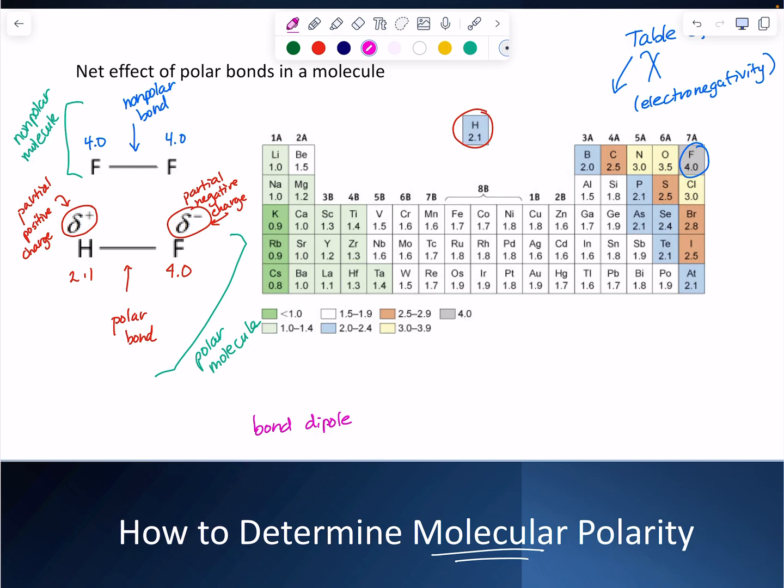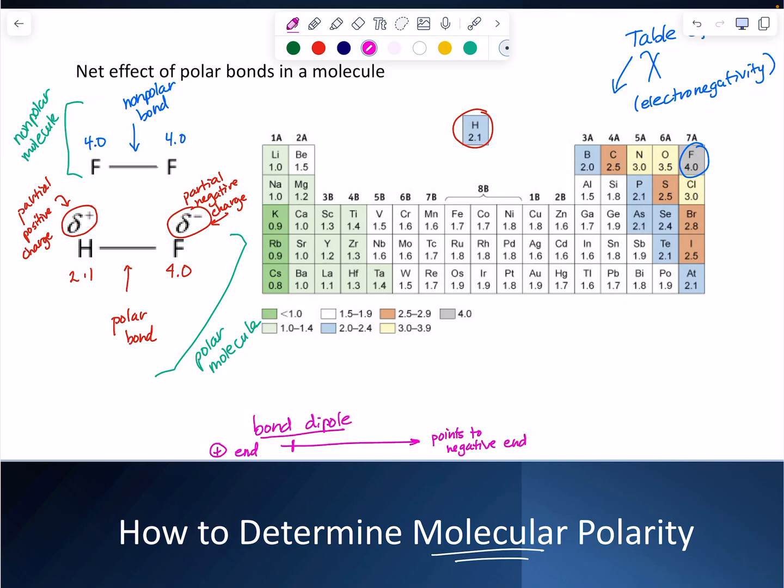So a bond dipole points to the negative end, and we put a plus sign on the positive end. And recall, we mentioned this before in class, the length is going to tell you something about the magnitude of the unequal distribution of charge.